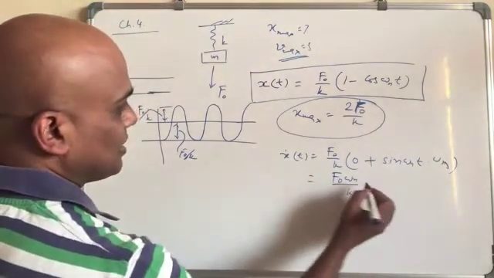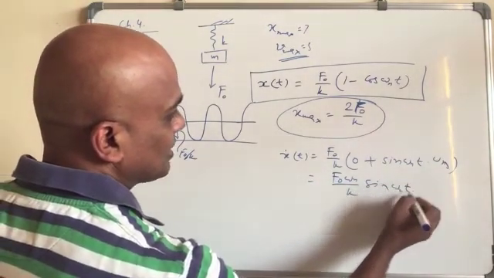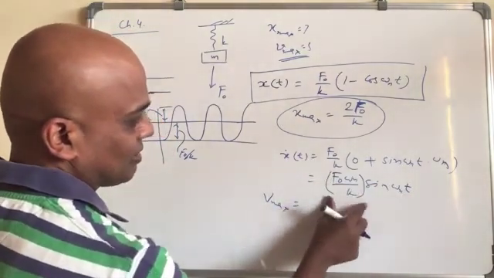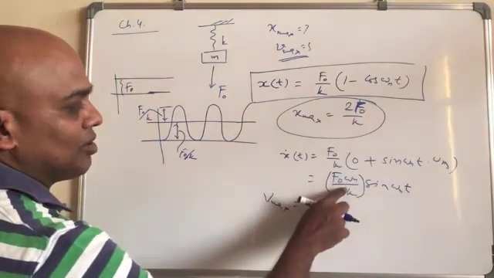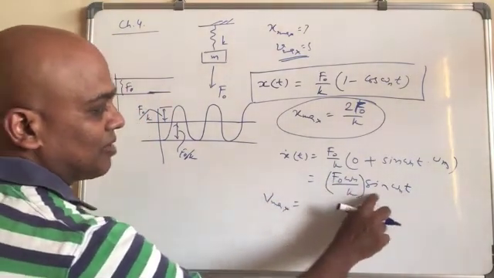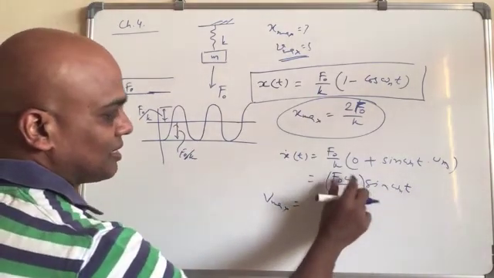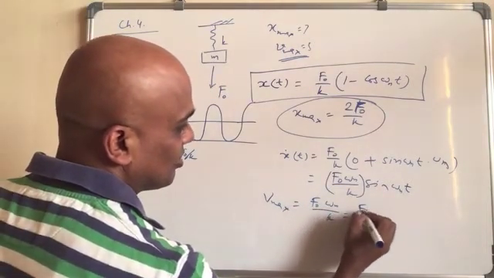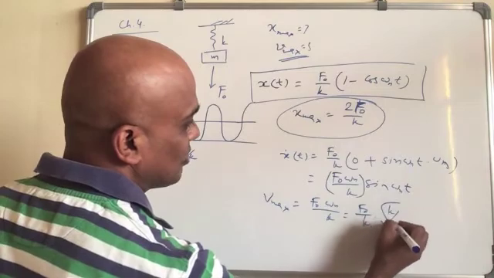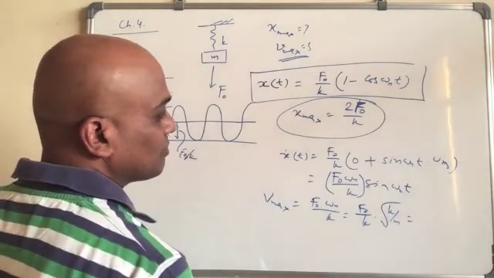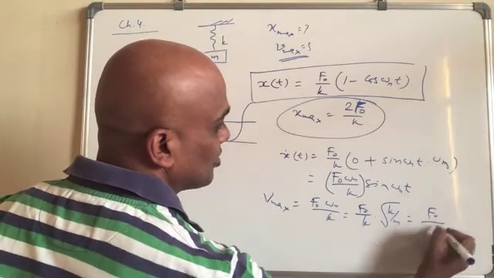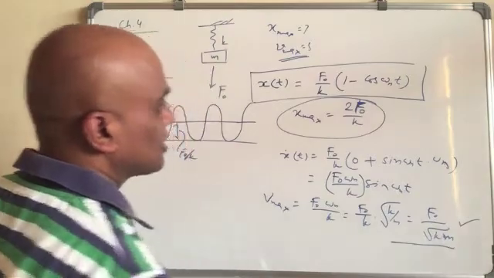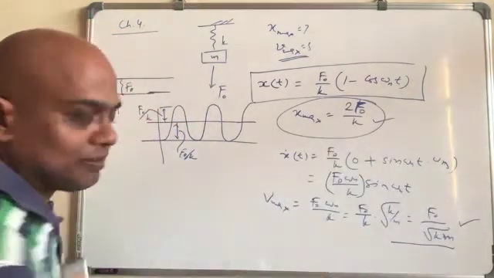The velocity max is the maximum value, because the sine goes from +1 to -1, so it will be F naught omega n over k, where omega n is nothing but root of k over m. So you get F naught over root km simply, right? So this will be the answer. So this is done.